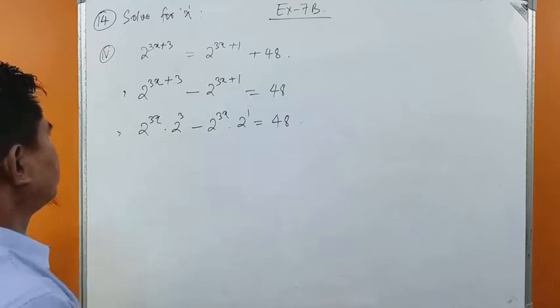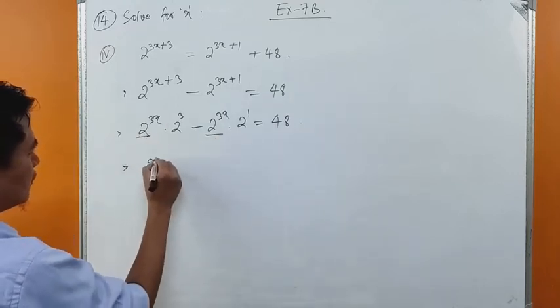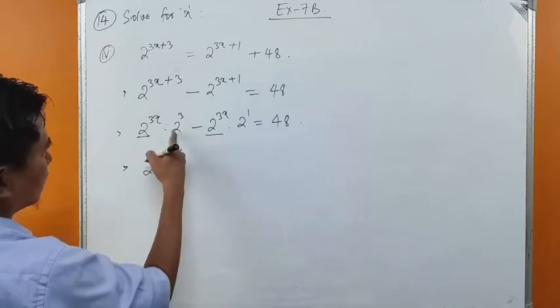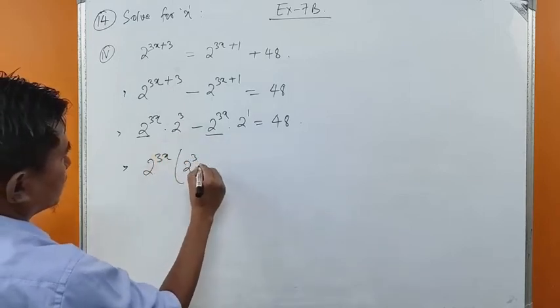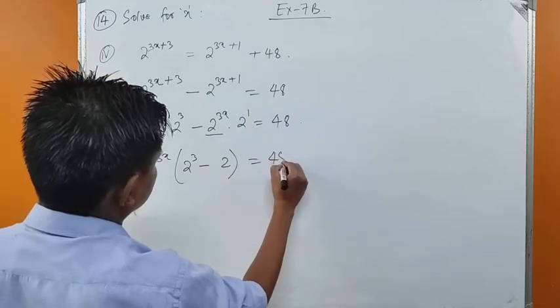I hope you got this. Let's take 2 to the power 3x common, now we have 2 cubed within the bracket, minus 2 to the power 1 means 2, equals to 48.